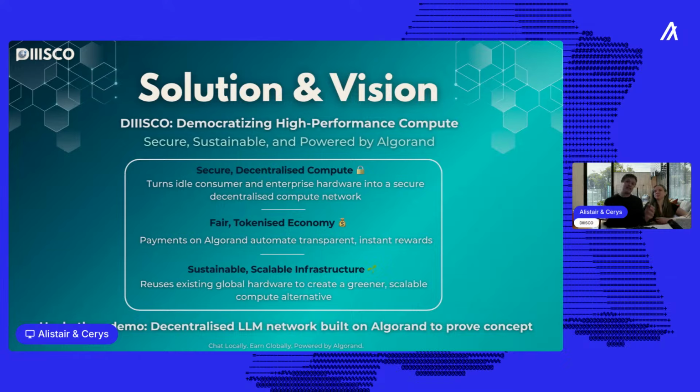And what this means is that with Algorand and with this network, you can install a large language model on your laptop or on your gaming PC. You can join our network and then start earning for providing that compute, providing that chatbot service. So we have that inference layer, we have that trust layer, and we have that payment layer. And in those last two, Algorand plays a particularly pivotal role.